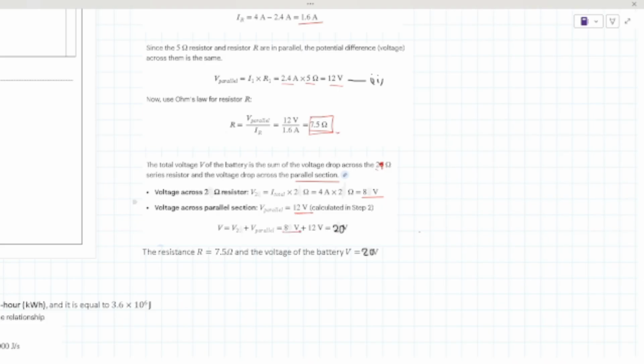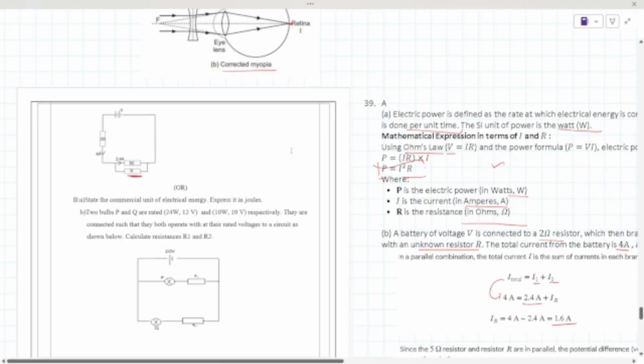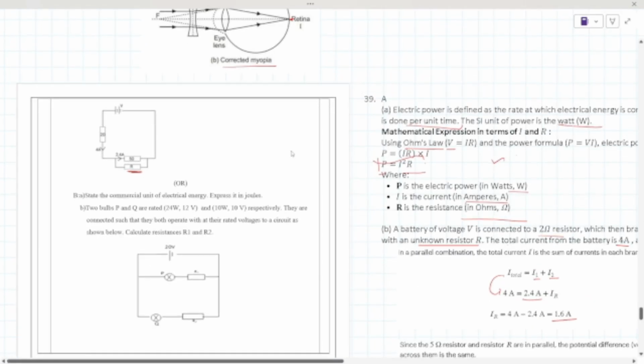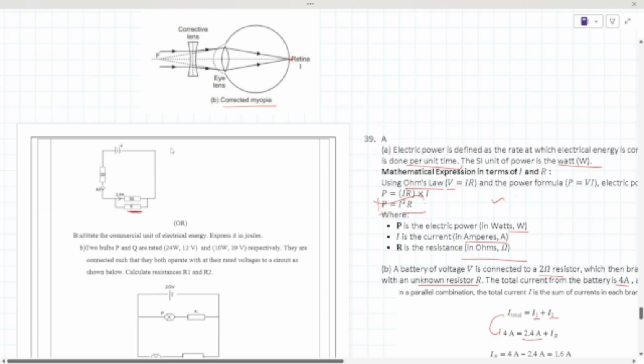So 8 plus 12 is 20, right? Power and 5 ohm. Any doubt? No doubt.